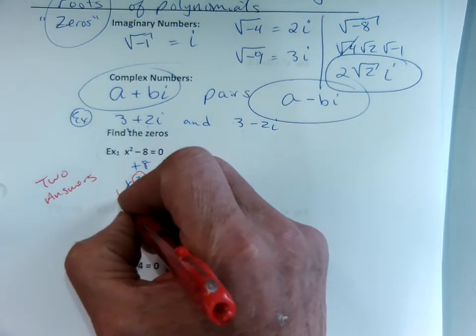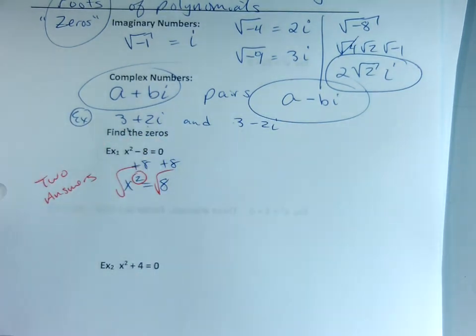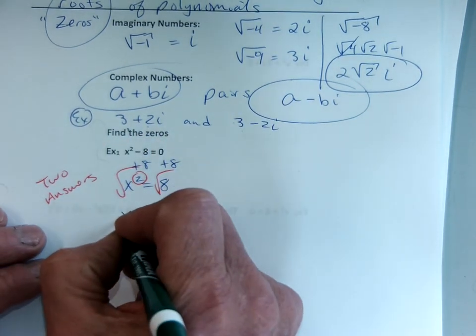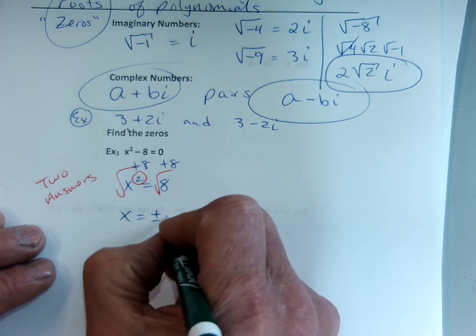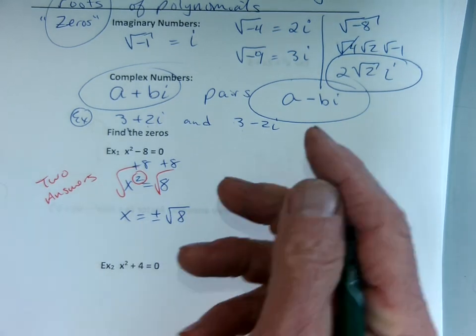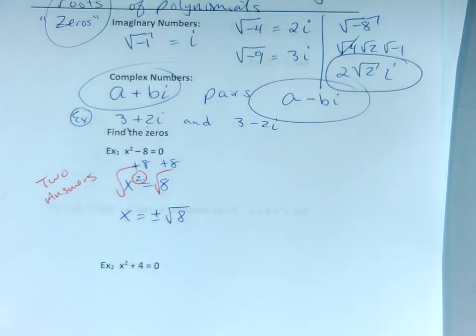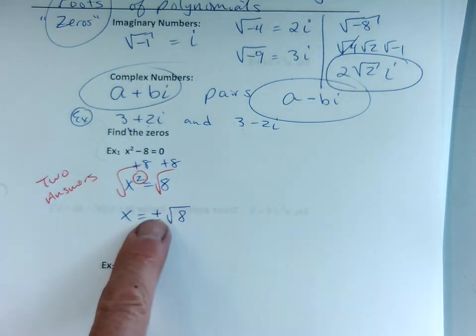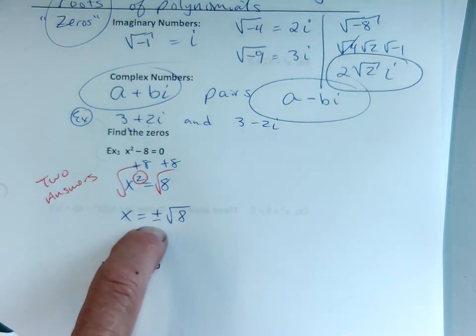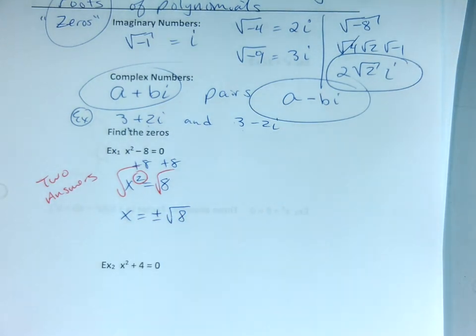So I square root. I like to write the answers like this: x is equal to plus or minus the square root of 8. It's easier to write like that. There's my 2 answers, just a shortcut way. They're both there, positive square root of 8 and a negative square root of 8. So plus or minus means both. It's just an easy way to write it. Okay, everybody good on that?